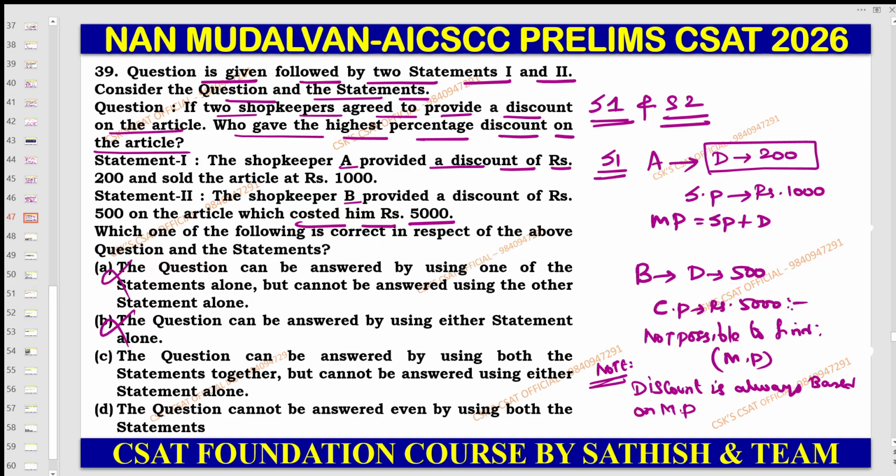When discount is based on MP and you are not able to find out MP for B, it is quite difficult to compare these two. So therefore the question can't be answered even by using both the statements.